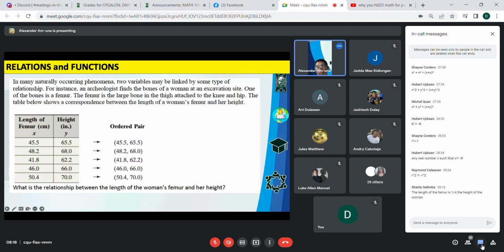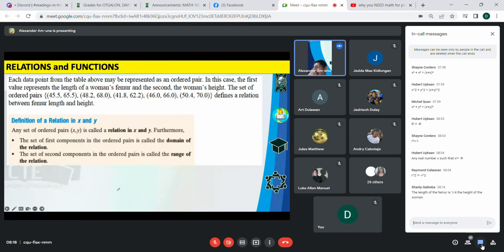It's x, right? And Shanli said it is 1/4 the height of the woman. So x is equal to 1/4 times y, correct? If that is the correct statement, Shanli, we are just converting your sentence into a mathematical sentence. Okay? So, we will go back to that later.